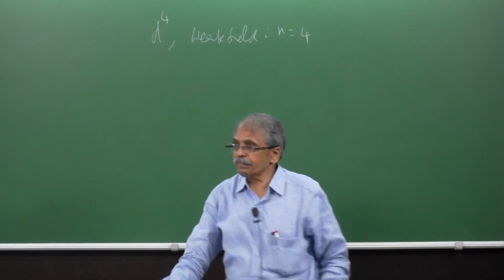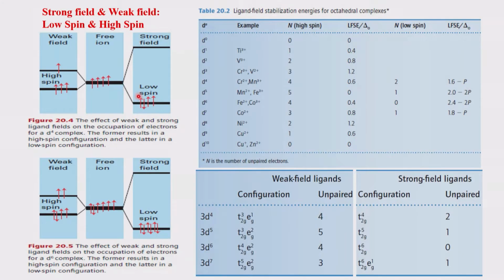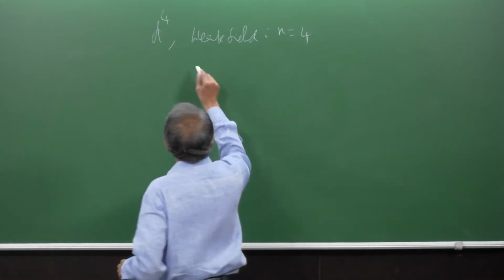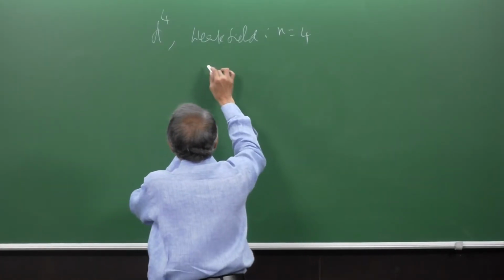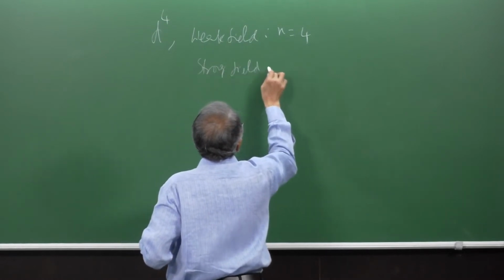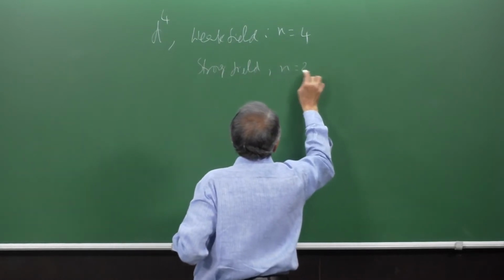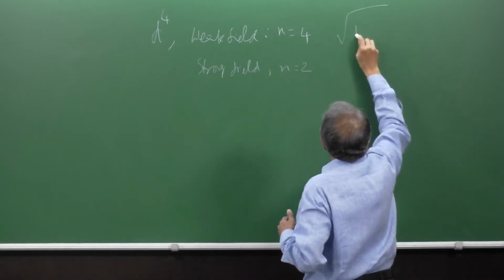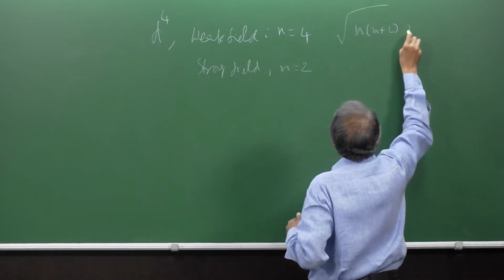And on the other hand, if you look at the other side, please look at the slide. The 4 electrons are in the same here. So, 1 pair and 2 unpaired. So, that becomes, in the strong field, the same D4. The D4 is not changing. So, in the strong field, the N becomes 2. So, you know that this is square root of N into N plus 2 Bohr magneton.